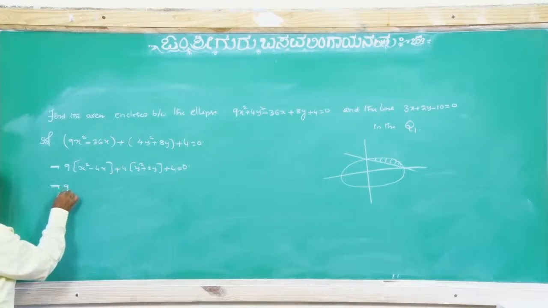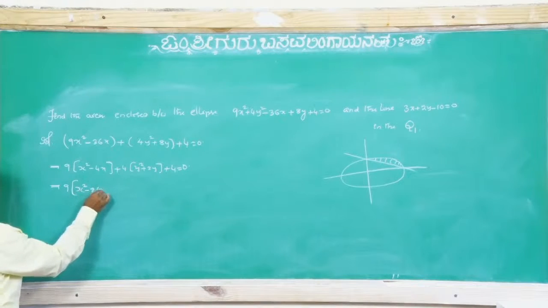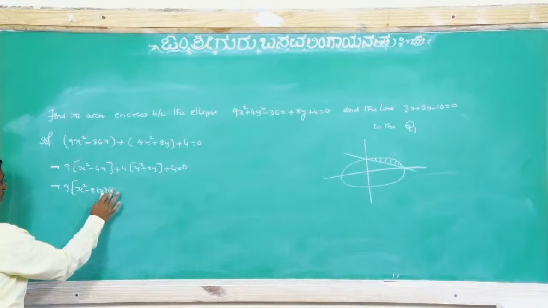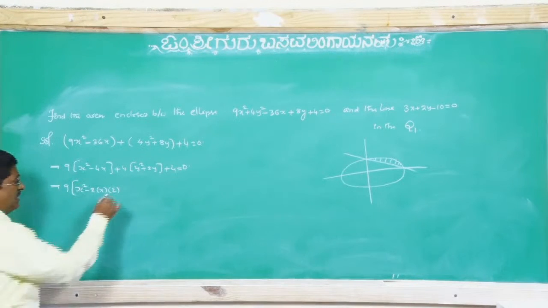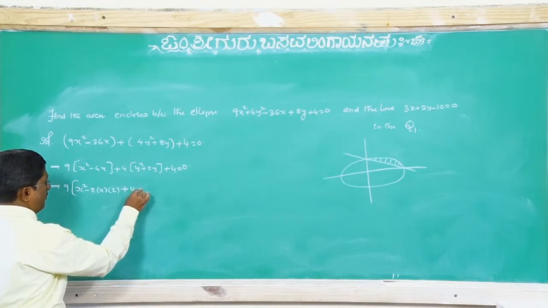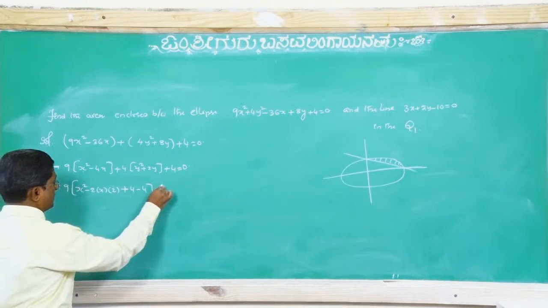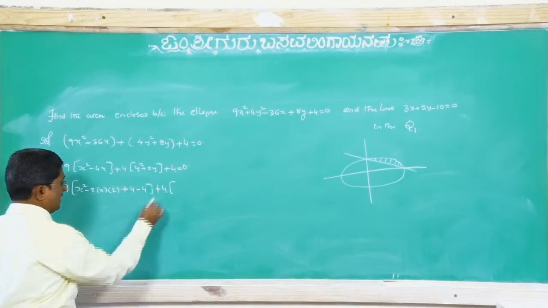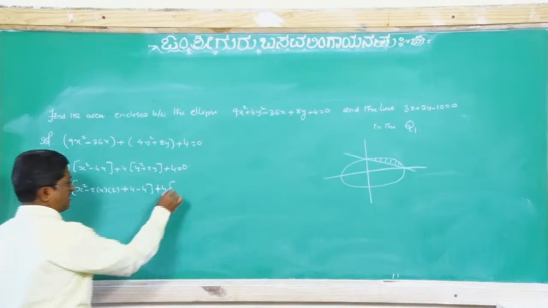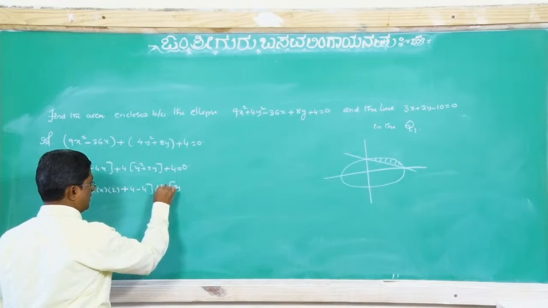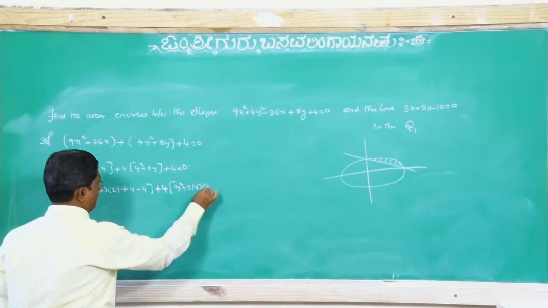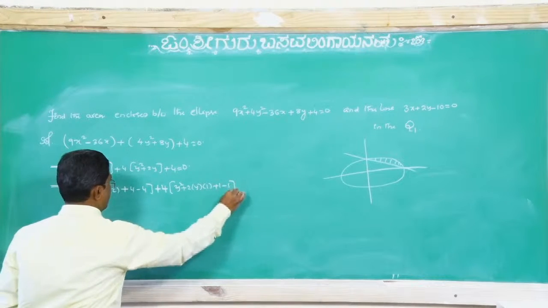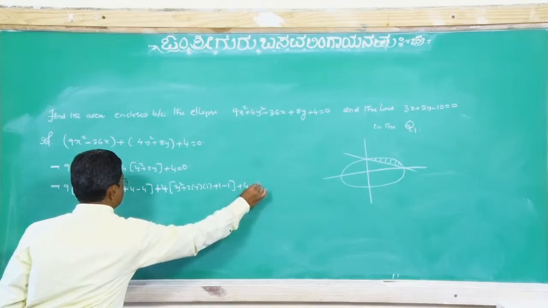To make a perfect square, a square minus 2 into a means x, b equal to coefficient of x by 2, that is 2, 2 squared is 4, plus b square means 4, but 4 is not there, so subtract 4. In this case also, y square plus 2y, this is 4, y square plus 2 into a means y, b is equal to 1, 1 minus 1 plus 4 equal to 0. Right?